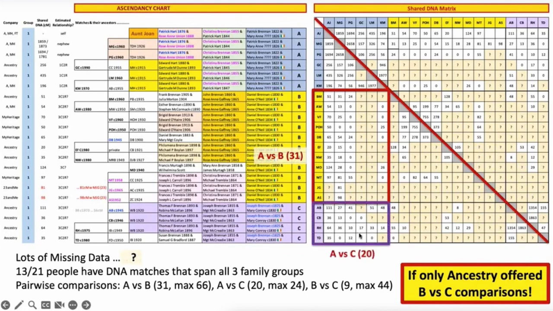For A versus C, I was only able to do 20 out of 24. Some of them were 0, which really didn't help at all. And for B versus C, I was able to do only 9 pairwise comparisons.